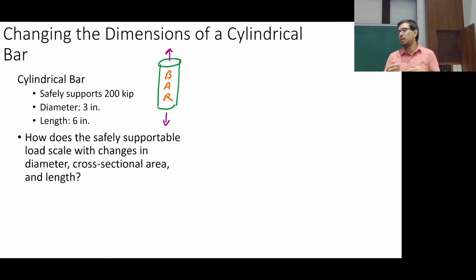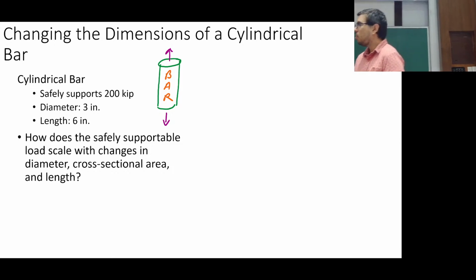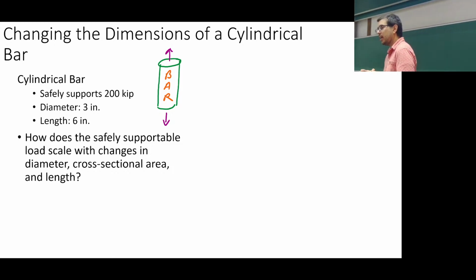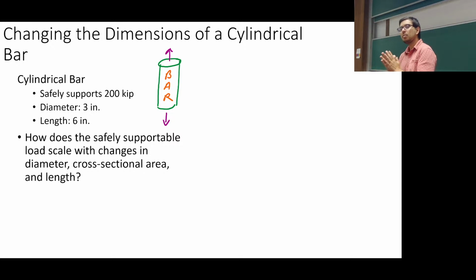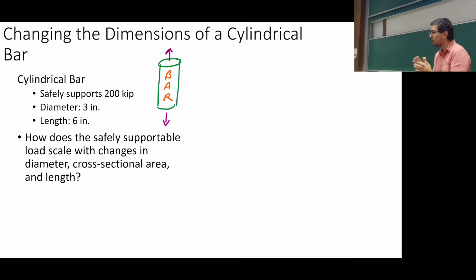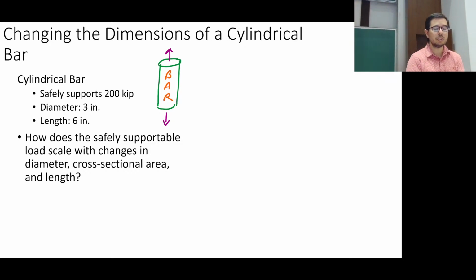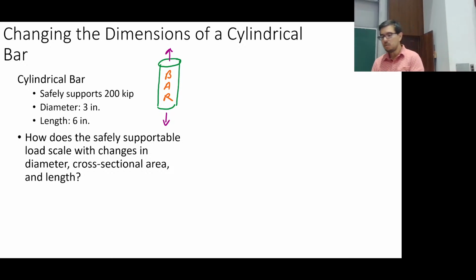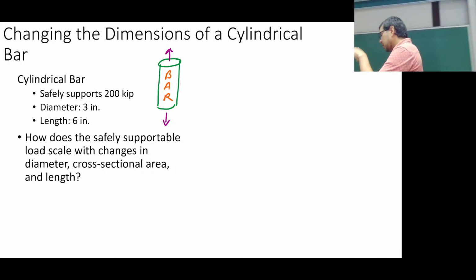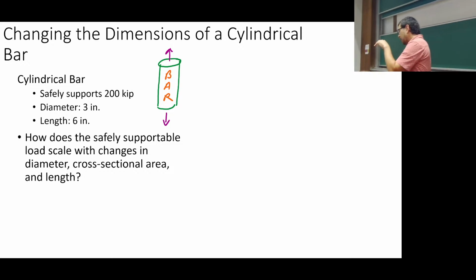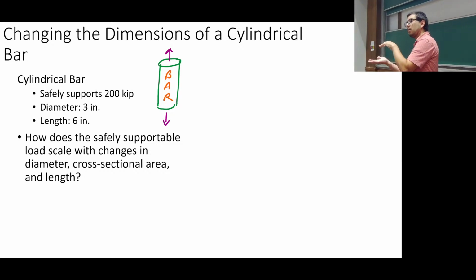We will cover ad nauseum why it scales the way it does later. But right now we just want to establish some ideas and some relationships. And I'm not going to tell you why. I'm just going to tell you that's how it is. But this one's pretty straightforward, actually, because you can think of a force being distributed across this whole cross-sectional area.